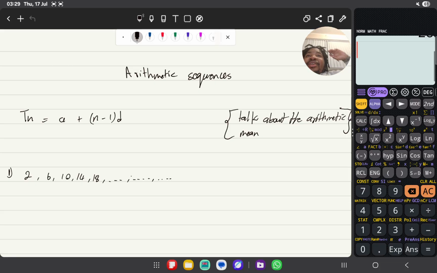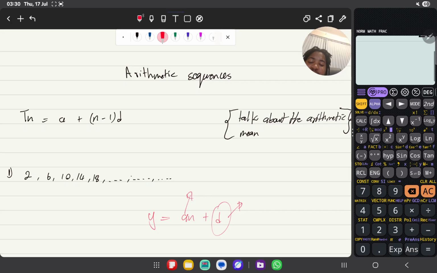But for grade 12, we start using a new formula, and it's very fast, but you don't have to remember it from grade 10 and 11. In those grades we used y equals mx plus c, and then a formula like an plus d, where d would be your common difference.